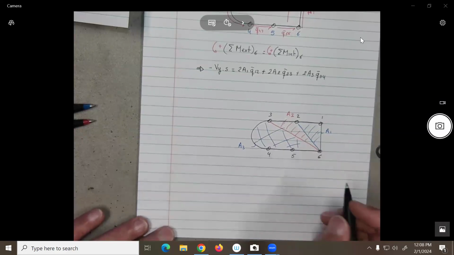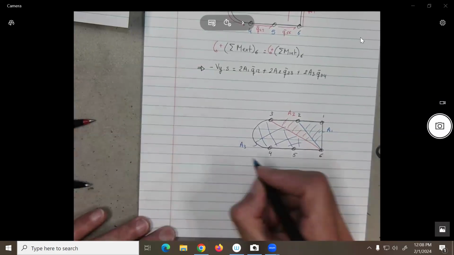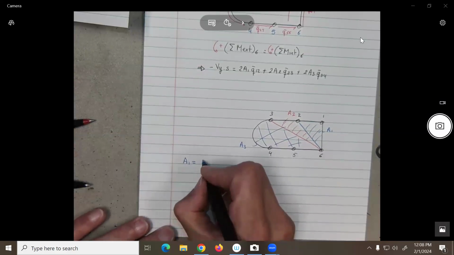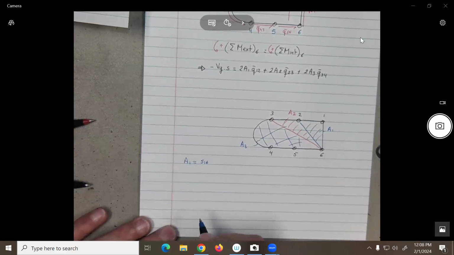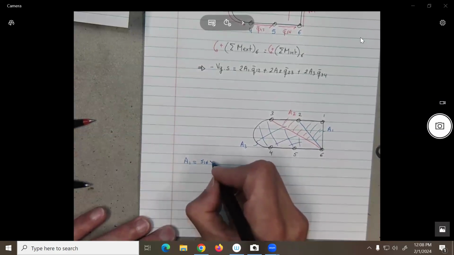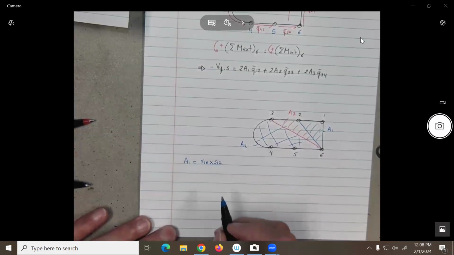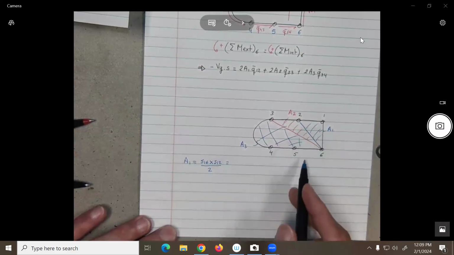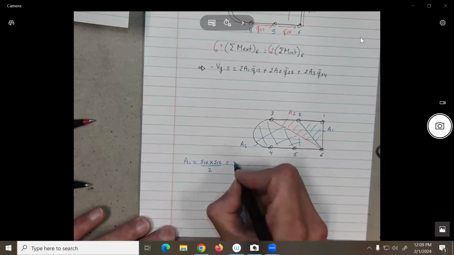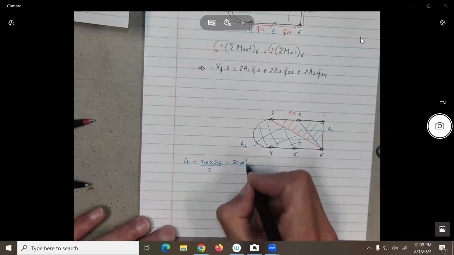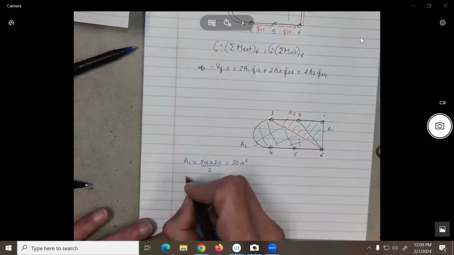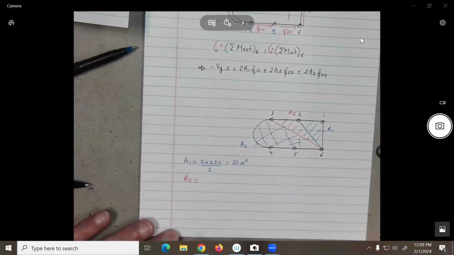Okay, so in this equation here, what is A1? What would be the area A1? If we do a calculation, should be what equal to what? S16 times S12 divided by 2. So that means 10 times 10 divided by 2, 50. What would be A sub 2?